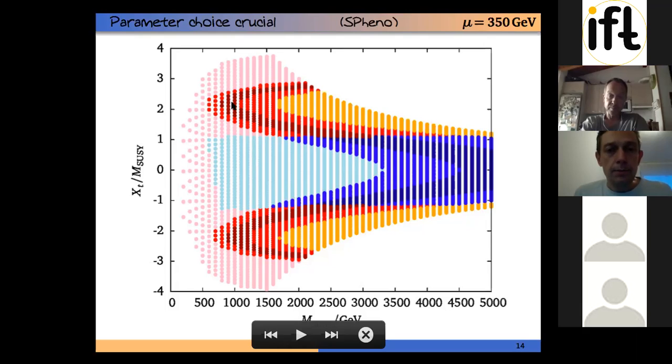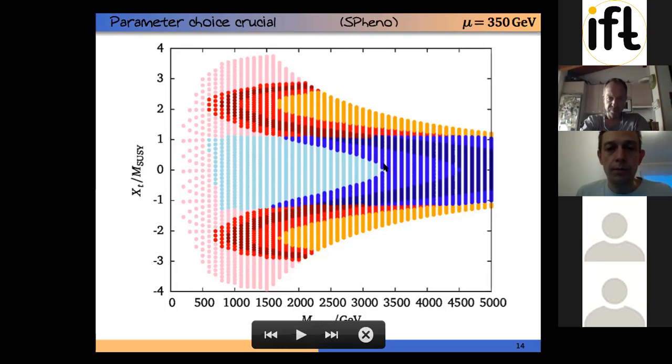This dark band indicates those points that again produce a standard model like Higgs in the vicinity of 125, I think in a 2 GeV interval, the lighter regions then 3 or 4 GeV and so on. And red and orange tones are excluded in the sense that here the global minimum is charge color breaking. The blue points are those where the global minimum is indeed the electroweak minimum.